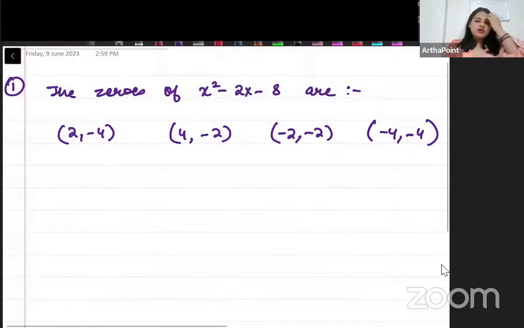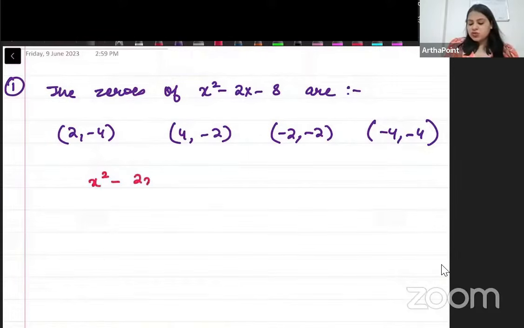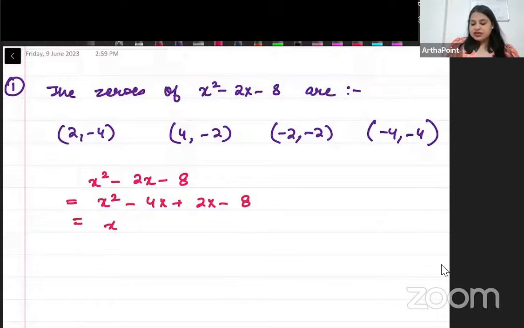So in order to solve this, what will you do? You will say x square minus 2x minus 8 can be rewritten as x square minus 4x plus 2x minus 8. This will be x into x minus 4 plus 2 into x minus 4.